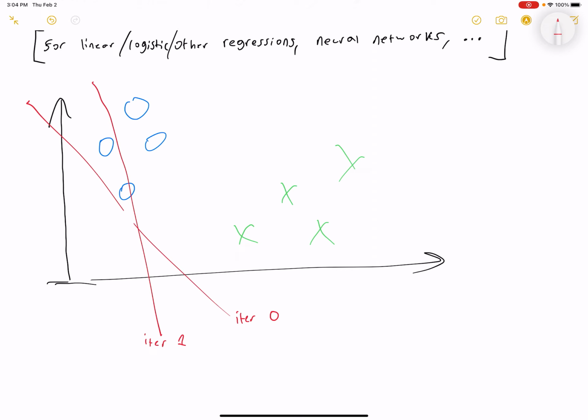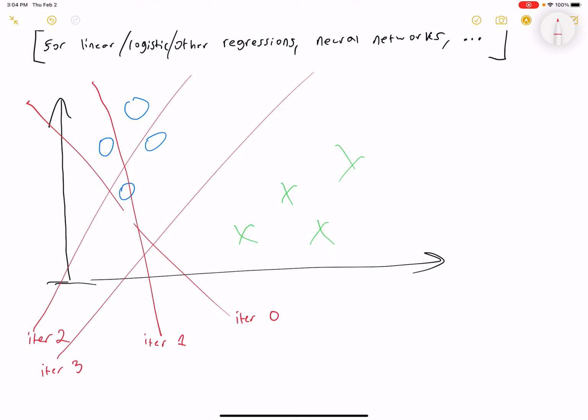We intelligently update our parameters, getting closer, and then maybe on iteration 3, we finally found a separating boundary that separates all our points in the training set, and then we can stop. So conceptually, that's what we're doing. We're basically iteratively guessing the parameters, but in an intelligent way, which we'll discuss soon. And once we finally have found parameters for the model that work really well, then we stop.